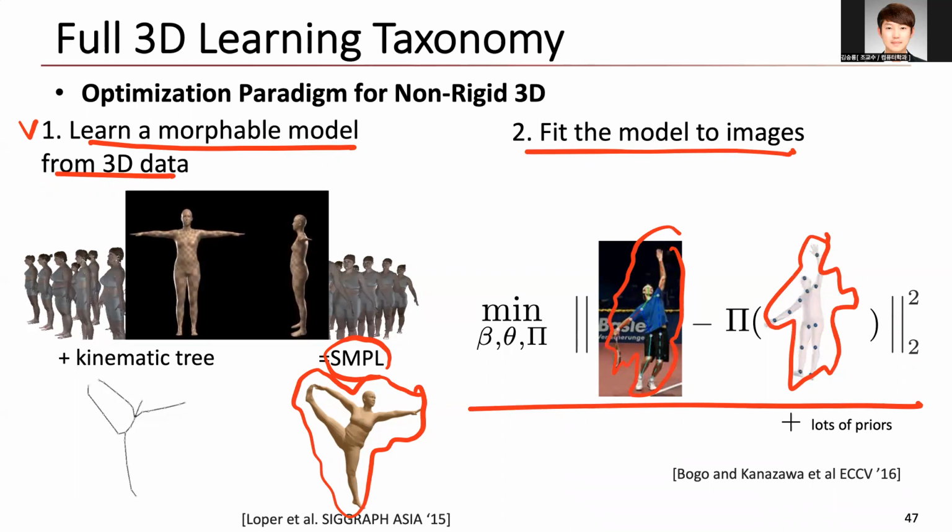Of course, because this is an ill-posed problem, and we only have a single image, we require lots of priors, geometric priors. For example, for the human body, two human legs cannot cross each other. So anyway, this is the optimization paradigm for the conventional 3D reconstruction.